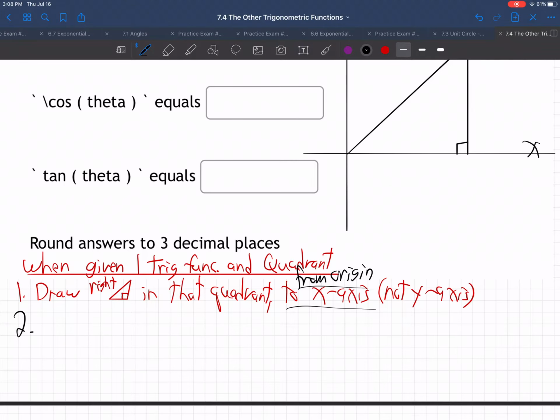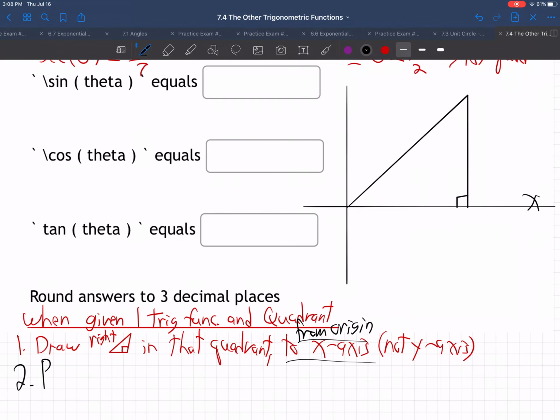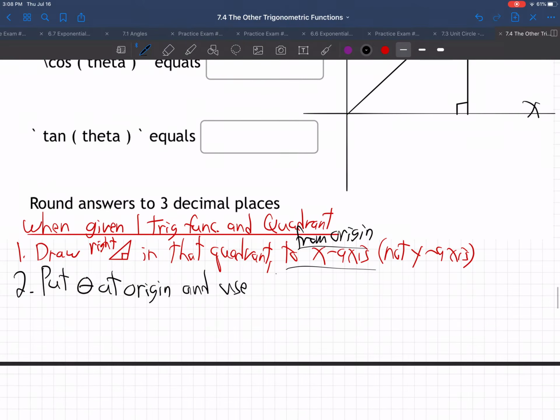Step number 2. Put theta at the origin and use SOHCAHTOA. So this is the definitions of sine, cosine, and tangent. The other definitions, in addition to the normal one that sine is the y-coordinate on the unit circle and cosine is the x.